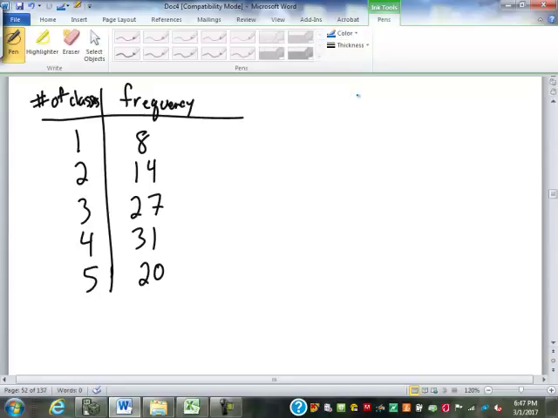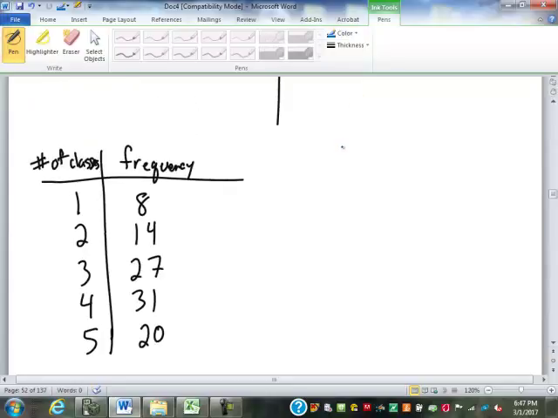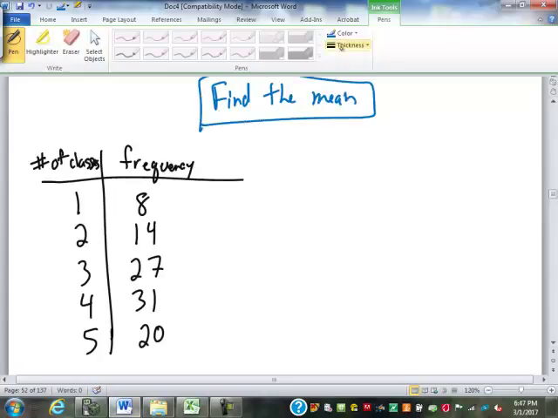If I want to find the mean, I have to remember, when we find the mean is the total divided by n. N is the number of items in the list. Well, first of all, how many items are in this list?